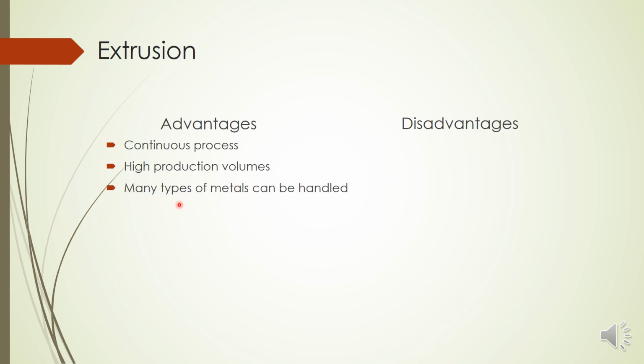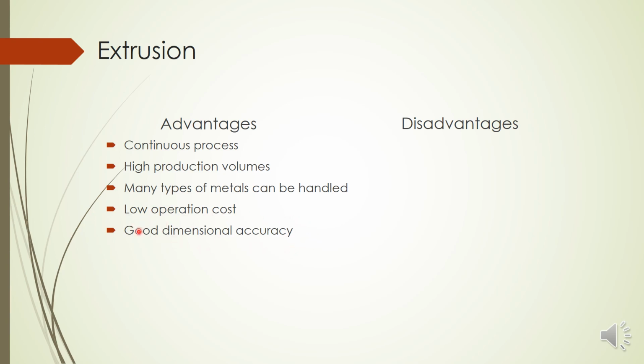Then already we have discussed different types of metals, non-ferrous metals like aluminum, lead, tin, etc., as well as steel. All these can be handled by extrusion, and its operation cost is relatively less compared to casting or other manufacturing processes. This operation cost is low, and we will get a good dimensional accuracy.